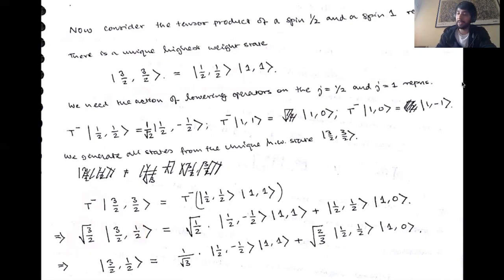So now what you do on the other side is you look at the action of t minus. You break this up into t minus of 1 plus t minus of 2. The first one acts on this half, makes it half minus half, gives this sort of 1 over square root of 2 in front. This stays the same.